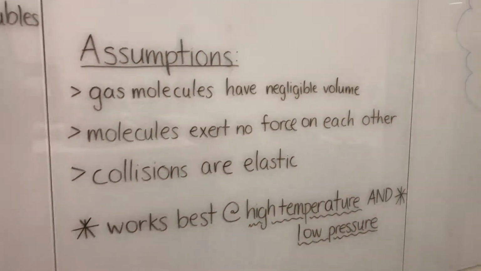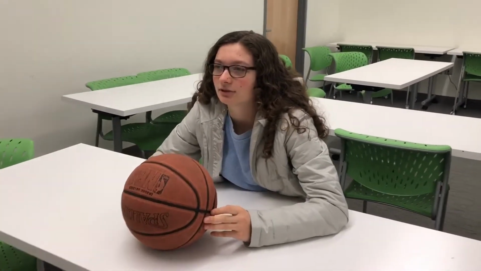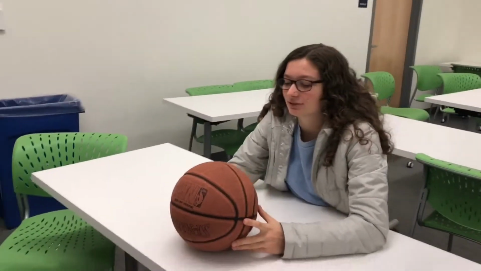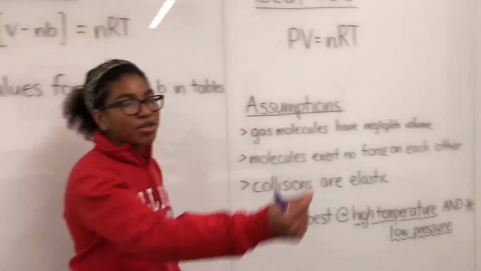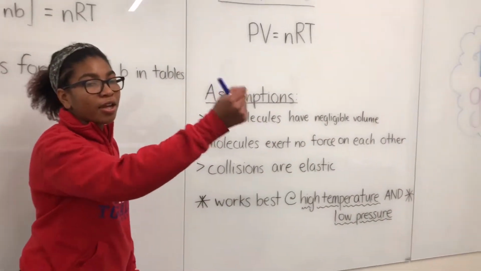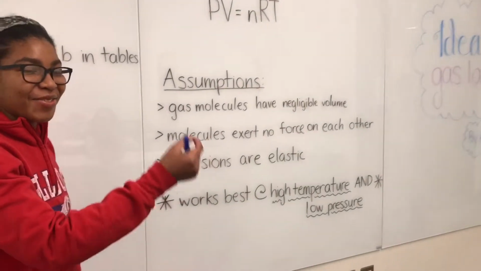Our first assumption is that gas molecules have negligible volume. Do you know what that means? Yeah, it means that we don't really count the volume of the air molecules. Oh, and that makes sense because there's so much volume in here that those definitely don't take up much space. Exactly. An actual mole of air gas is so small that it doesn't even really matter.